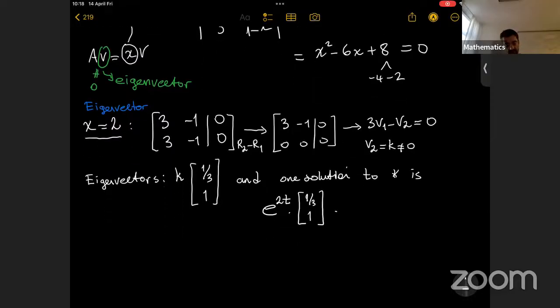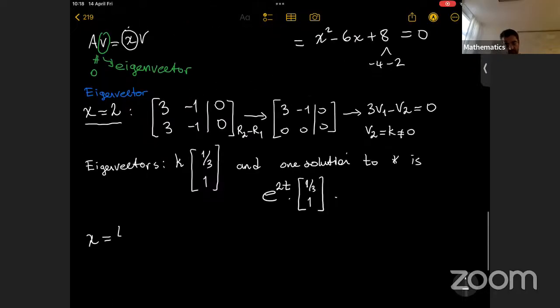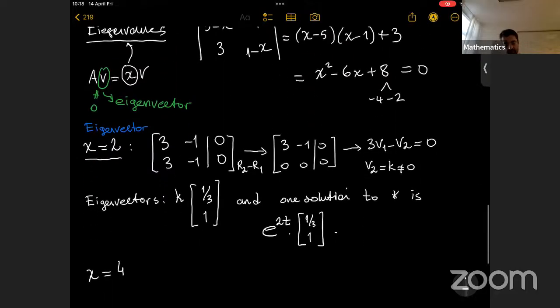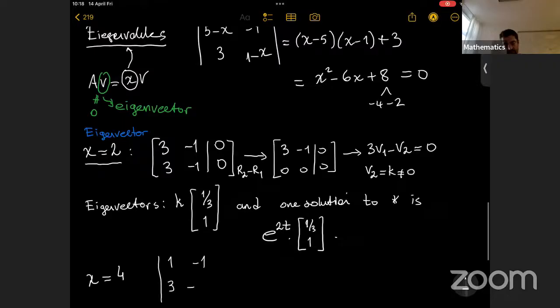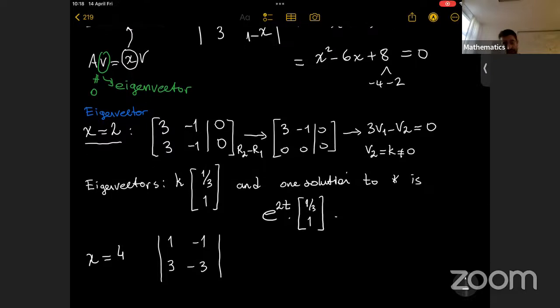So lambda is equal to, what is the other one? 4. For 4, we have 5 minus 4, which is 1, minus 1, 3, minus 3. Well, again, this is basically (1, -1 | 0), (0, 0 | 0).